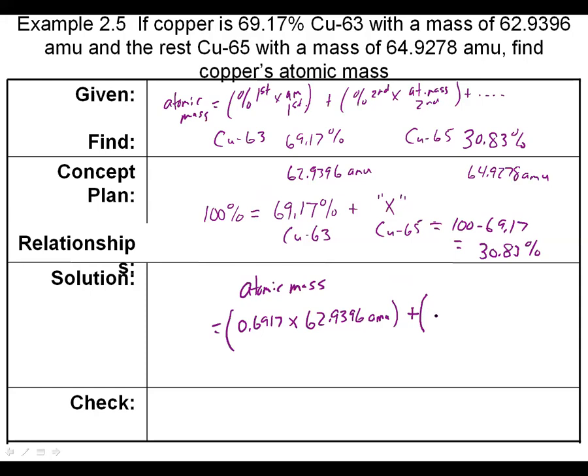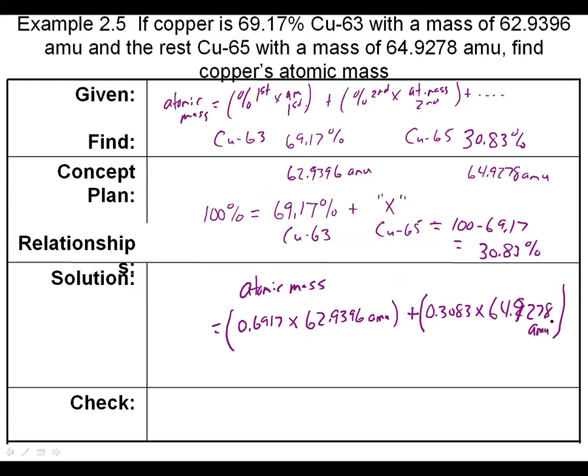That's going to be converted into a decimal, times the mass of our second isotope, which is 64.9278 AMU.